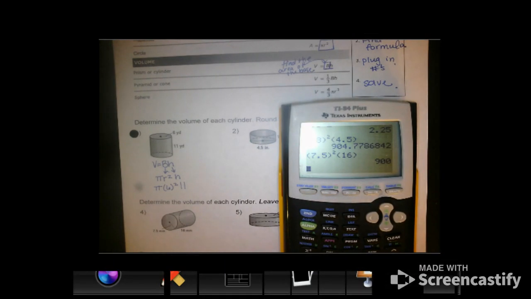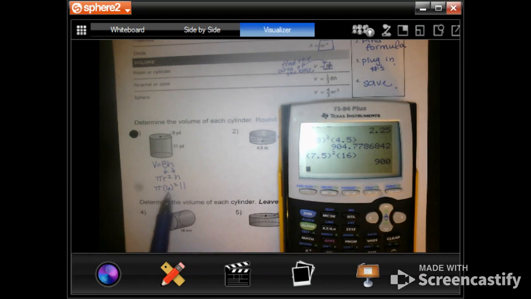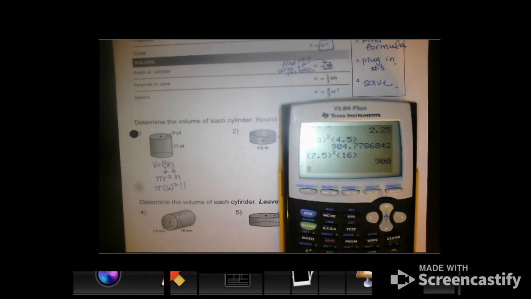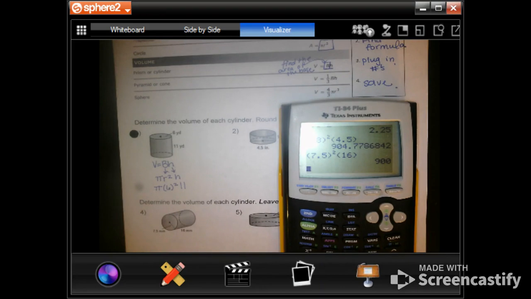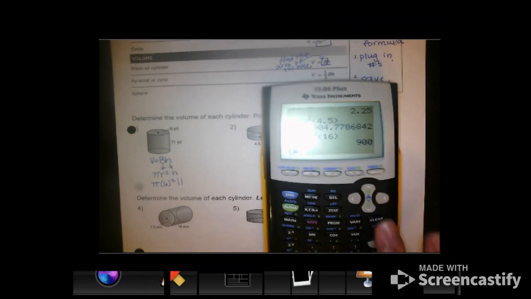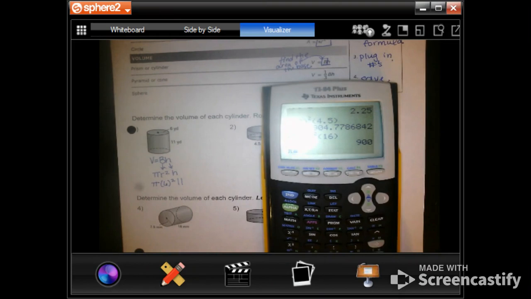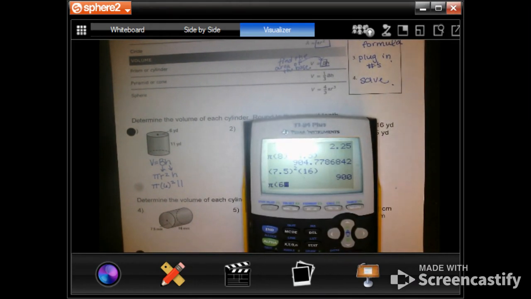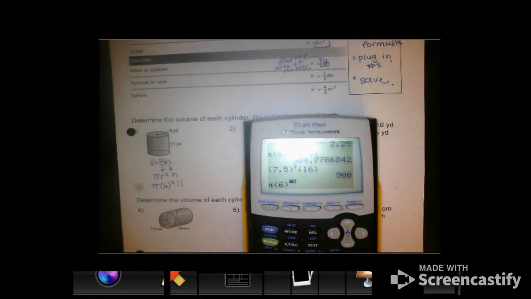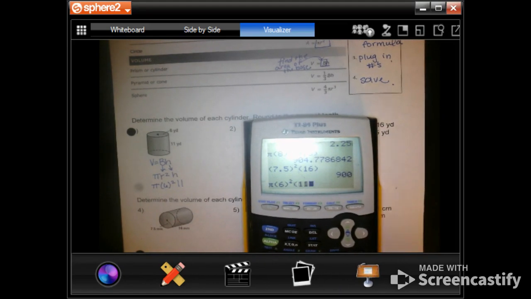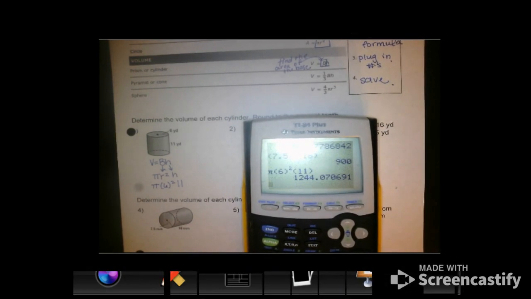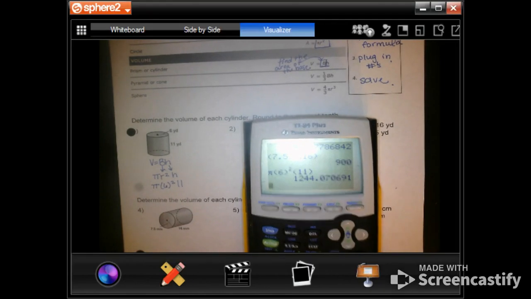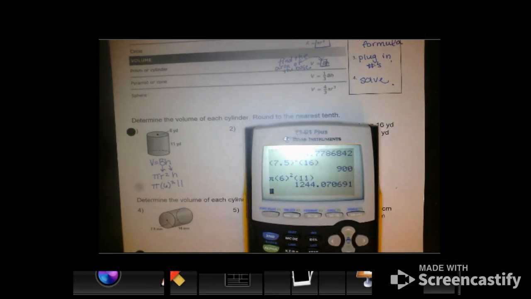Okay. If you plug this into your calculator, what did you get? Oh, no. I got 1.444071. Okay, so I do pi, parentheses, 6 squared times 11. Okay, now look at my instructions up there. It says determine the volume of each cylinder.